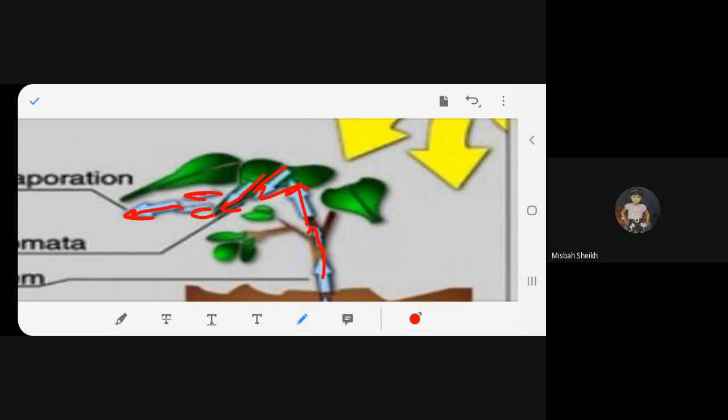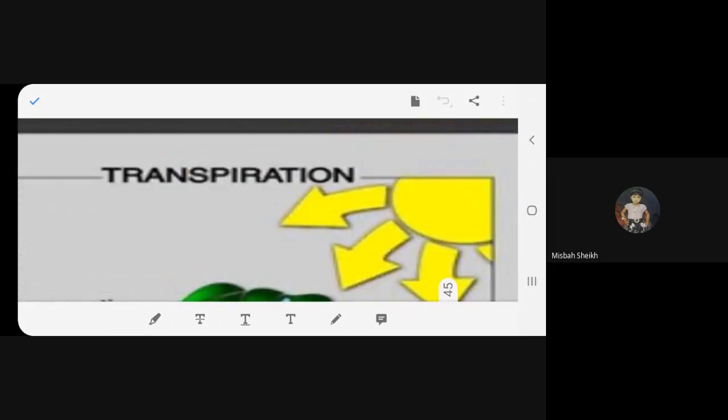You have understood it nicely. So, what is this mechanism known as? Transpiration. And when does it take place, beta? What have I shown you?